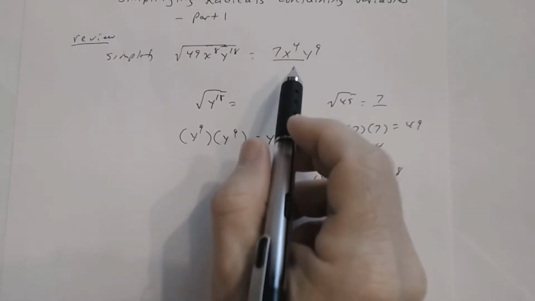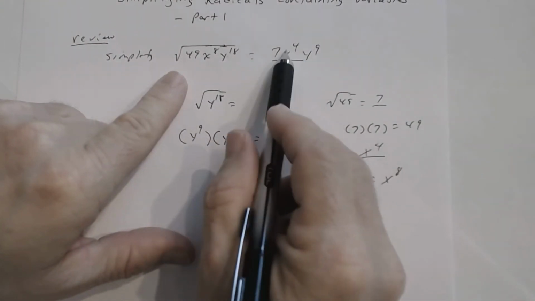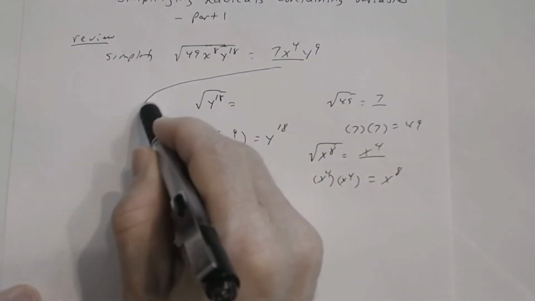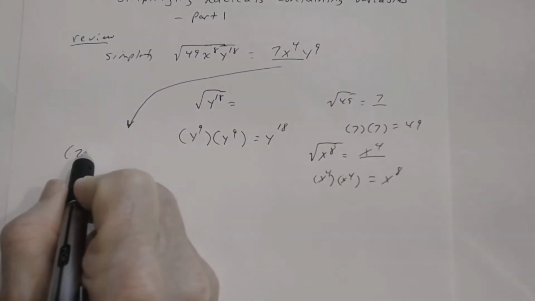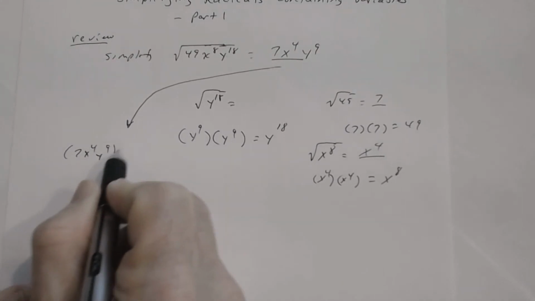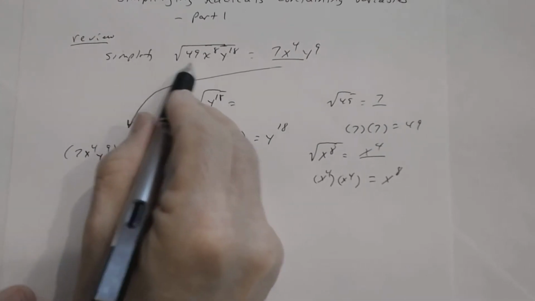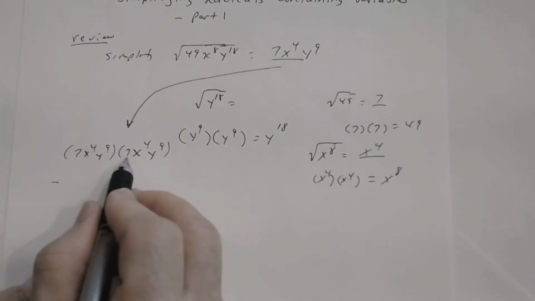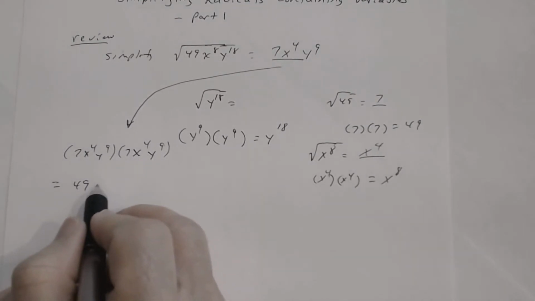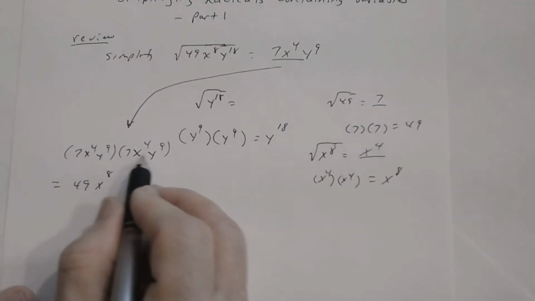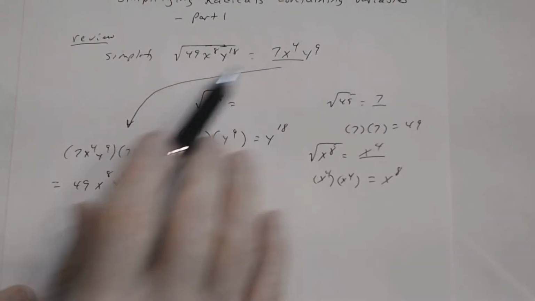So that's the answer here. That makes sense because if I take 7x to the 4th y to the 9th and multiply it by itself, I get the radicand. Because 7 times 7 is 49, x to the 4th times x to the 4th is x to the 8th, and y to the 9th times y to the 9th is y to the 18th. Okay? So that's why that's the answer.